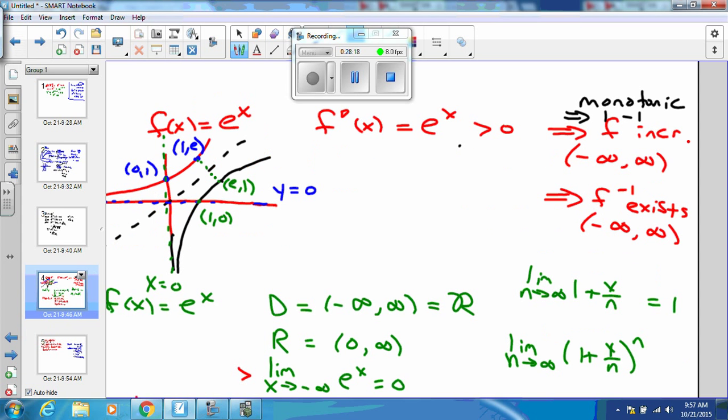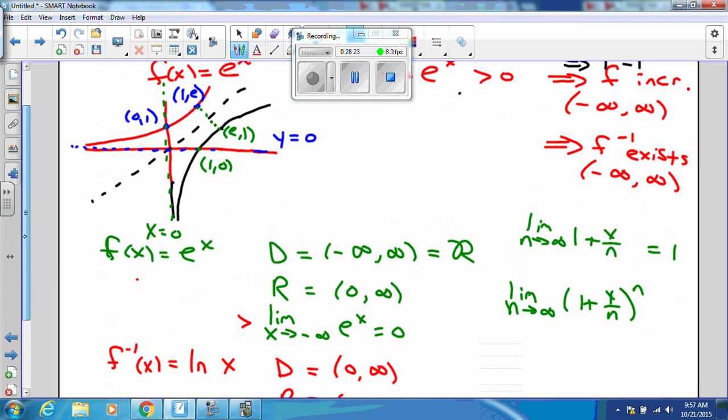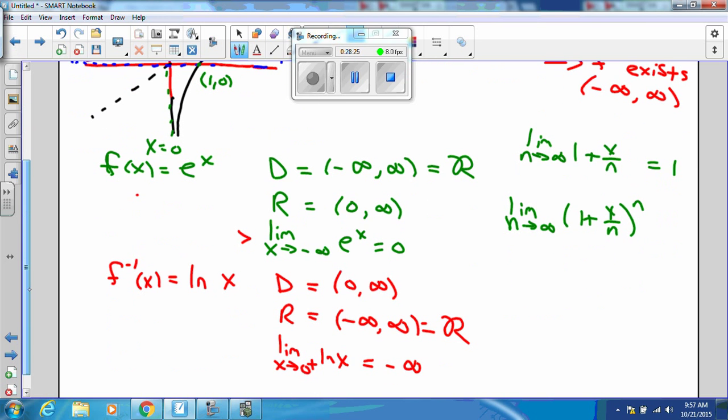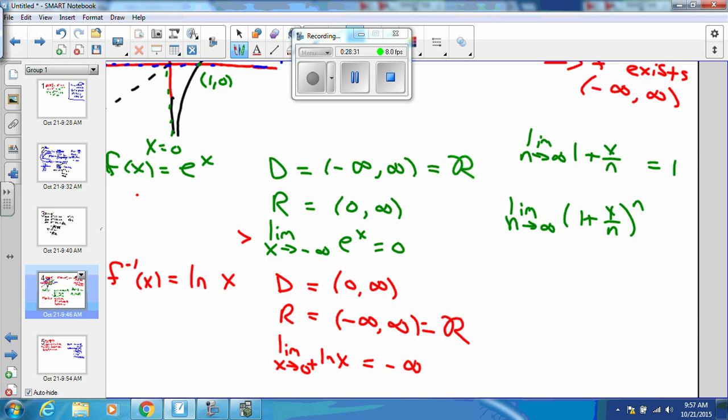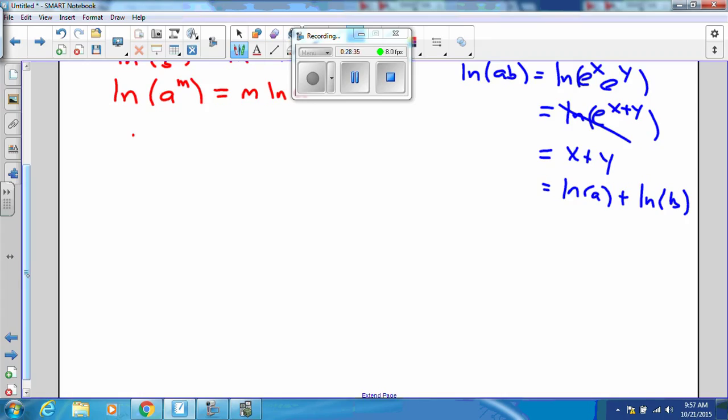I skipped over something here that I wanted to be really explicit about. I said here that f of x equals e to the x and f inverse of x is equal to ln x. And because of that, one of the important pieces of algebra for the natural log is just its inverse property.